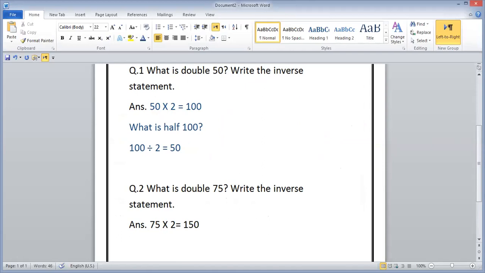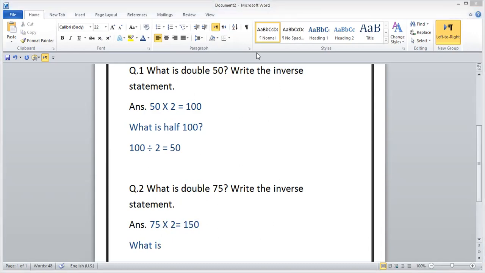Now I will write the statement. Again, this is double. What is the inverse of double? Yes guys, what is the inverse of double? Half.